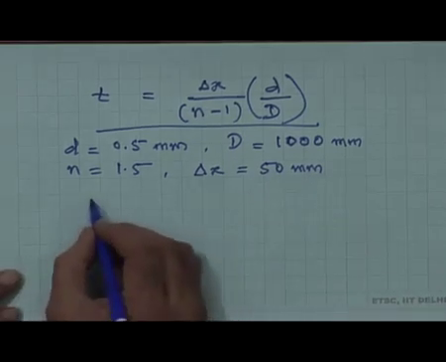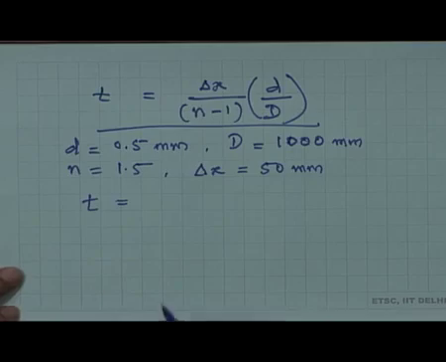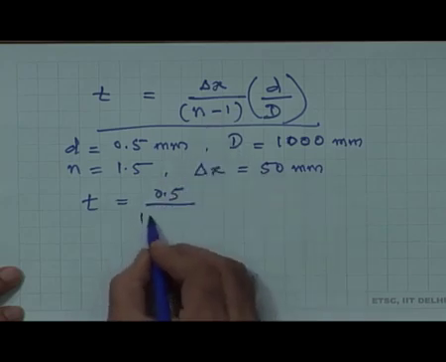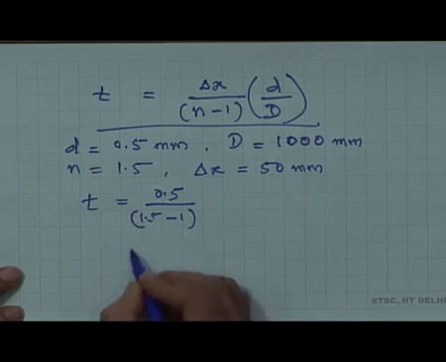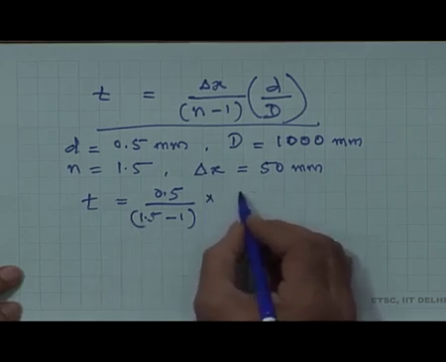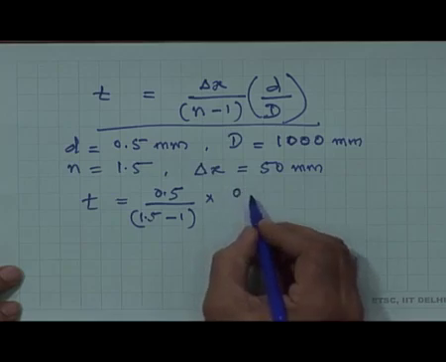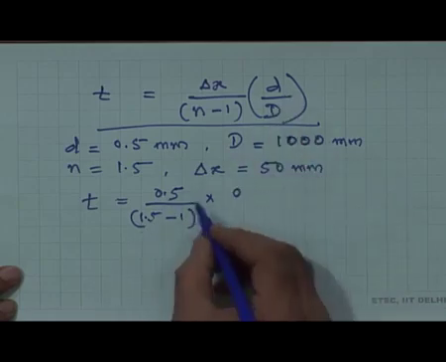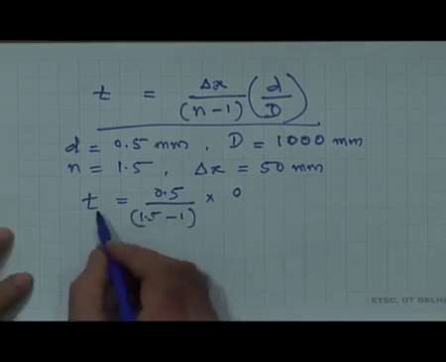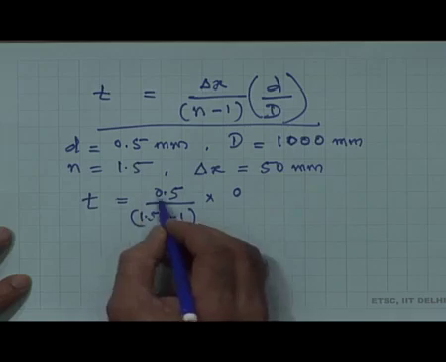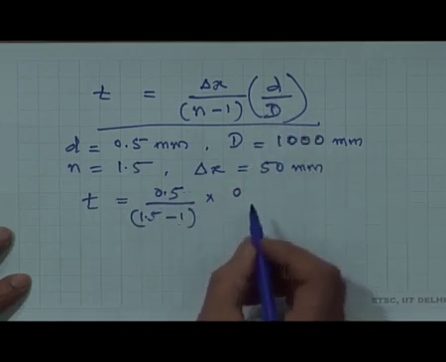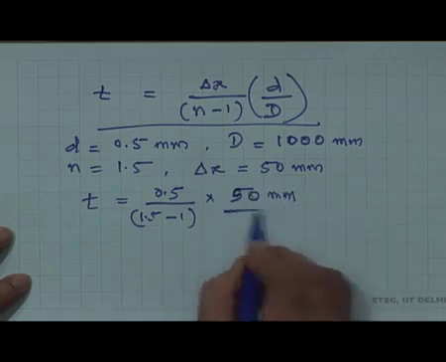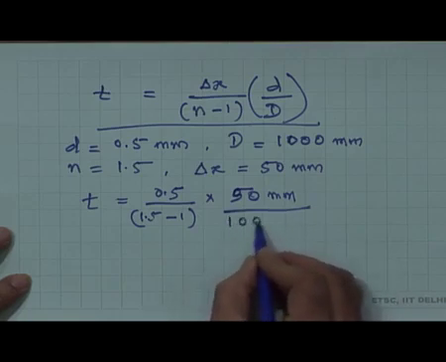Therefore, T is equal to, as we are asked to determine the thickness of the sheet, delta x, here 50 mm, divided by n minus 1, which is 0.5, into small d, 0.5 mm, divided by capital D, 1000 mm.